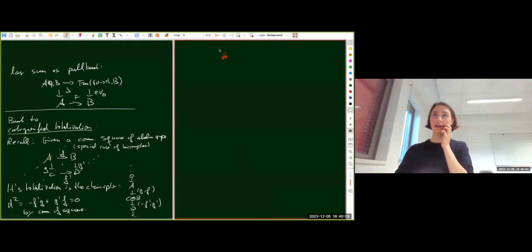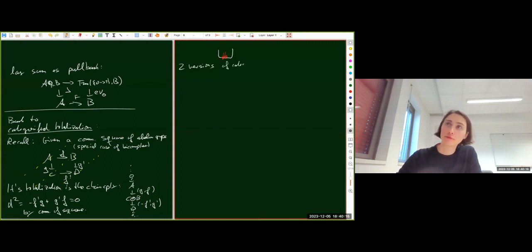Next, we would like to categorify this, and there are two versions of categorification. The first is the product totalization.